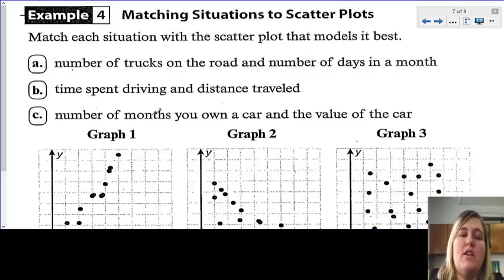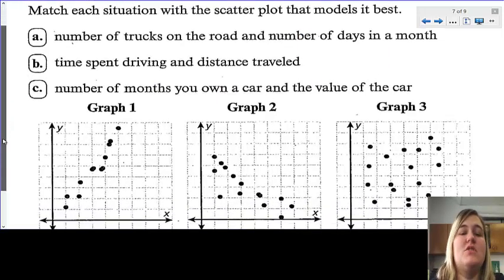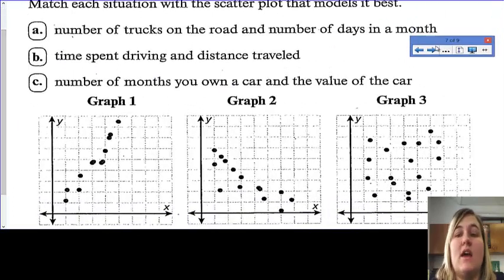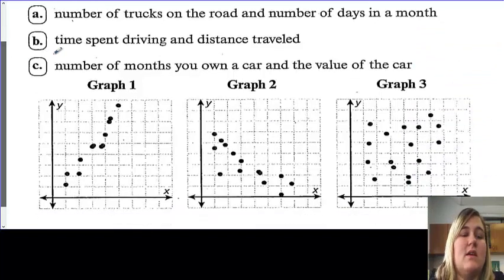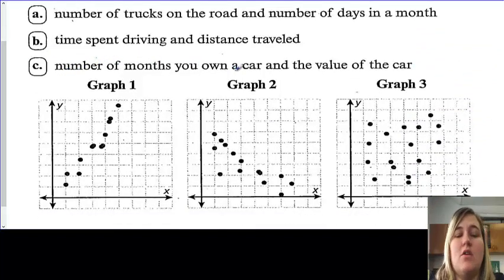Alright, so what I do whenever I'm doing something like this is I choose the ones that are most obvious to me and I start there. The first one that sticks out to me is the number of months you own a car and the value of a car. Most of you are not driving yet, but once you do, you will eventually get a car, and you'll notice that what you pay for the car when you first get it and what you sell it for when you get rid of it are very different numbers.